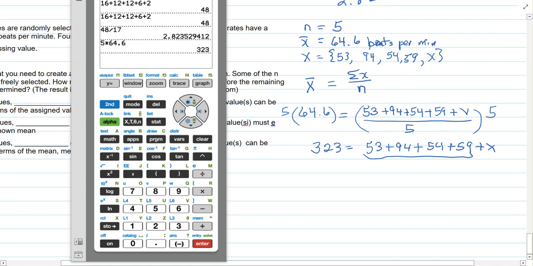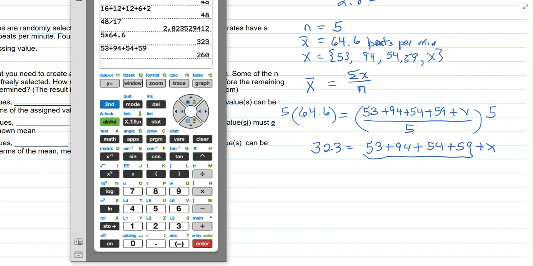I'm going to add on my calculator the 53 plus the 94 plus the 54 plus the 59 and get 260.